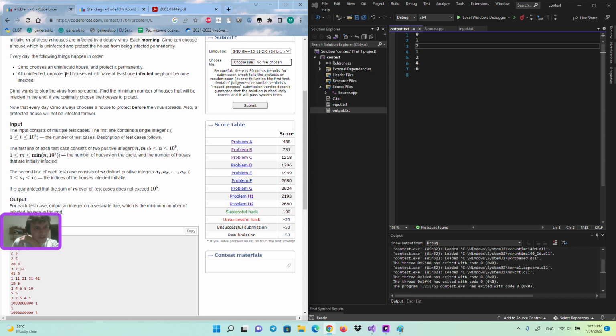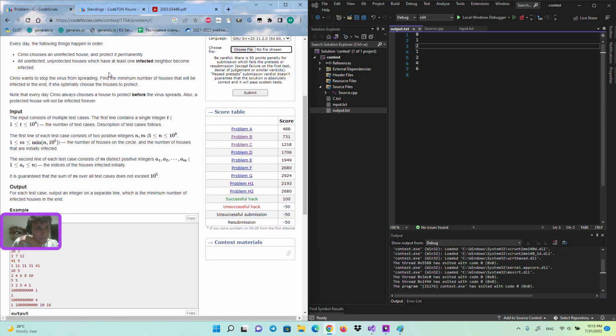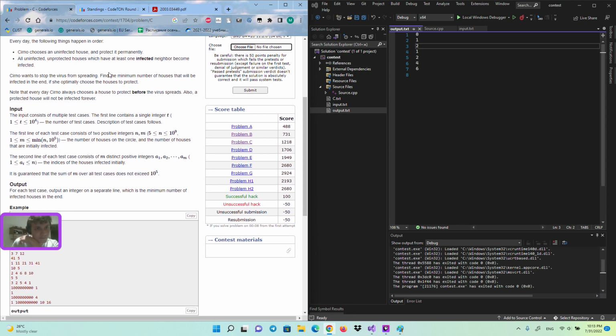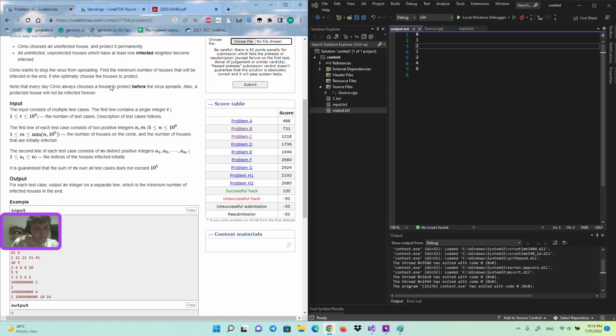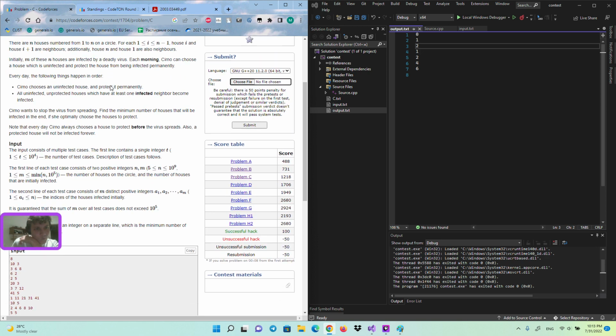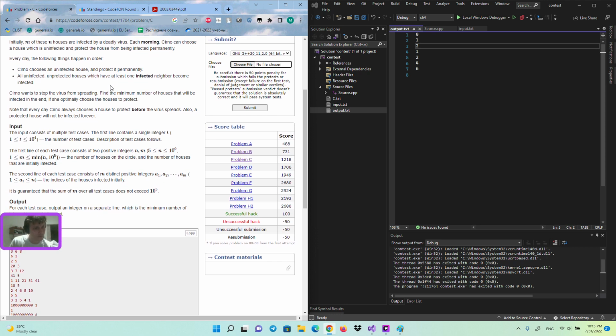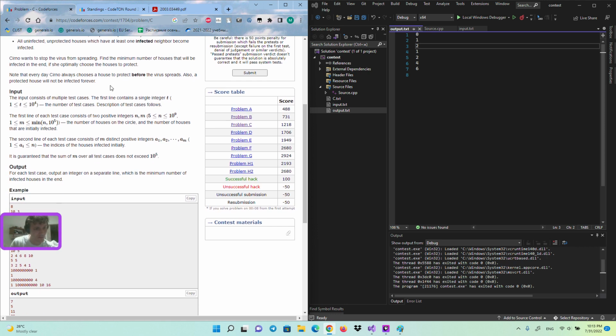So Serna chooses an infected house and protects it permanently. Oh, it's not very easy. It's really not very easy.